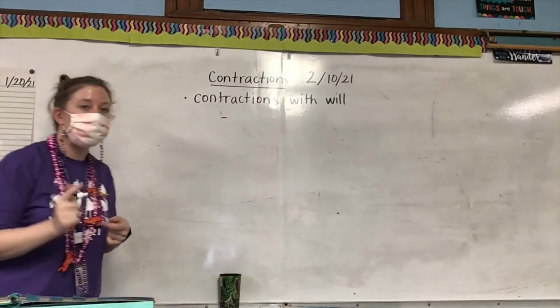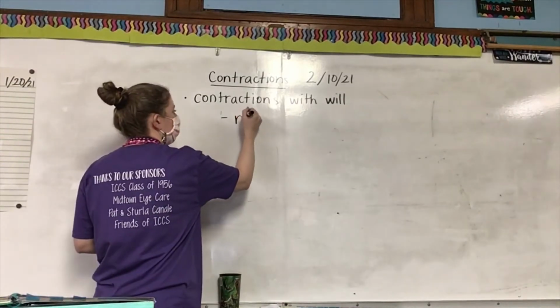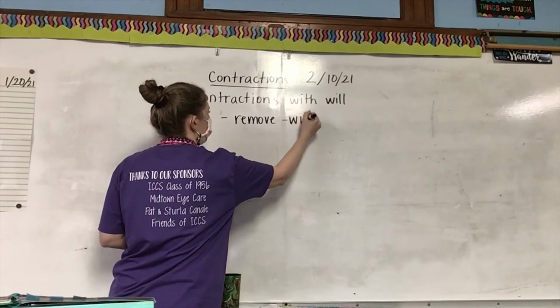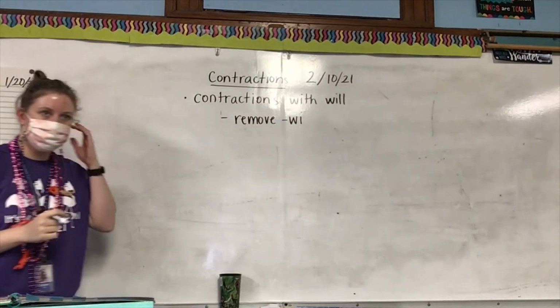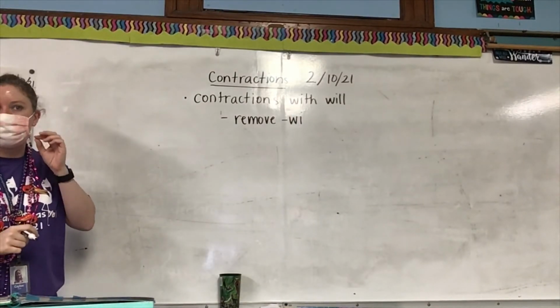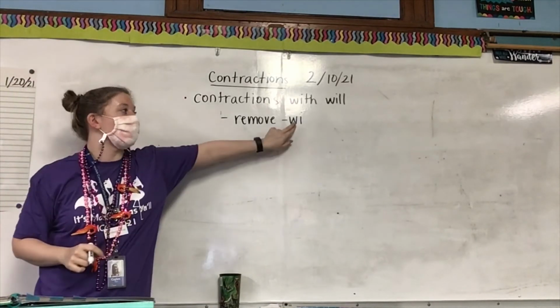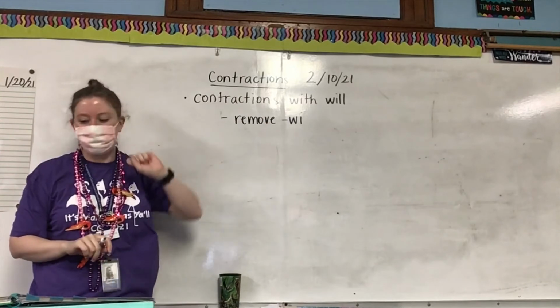Well, first, what do you remove? Remove the letters W-I. So it's like is and am, where the letter at the beginning gets removed, but this time we have two letters that get removed.